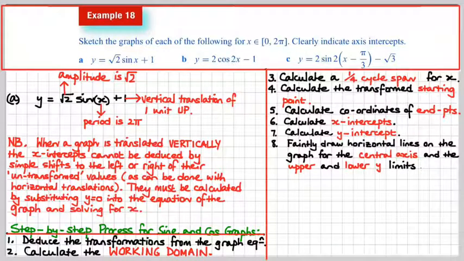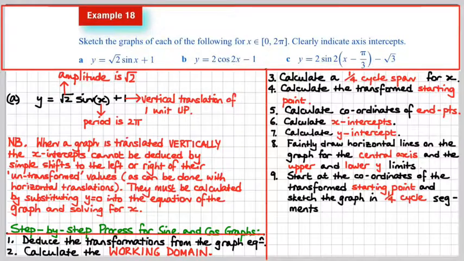And then I faintly draw horizontal lines on the graph for the central axis and for the upper and lower y limits of this particular graph. That helps me very much working out where I'm going with the sketching, okay? And if you do them in pencil, you can rub them out later. It's just that they give you a very good grid to work within.